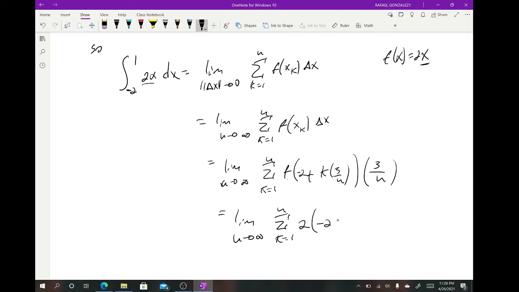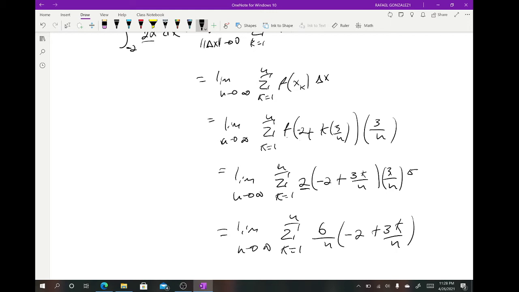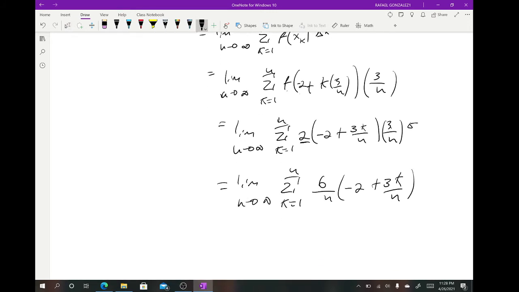The input is -2 plus 3k over n, times 3 over n. But now, what can I do? Well, first of all, I'm going to multiply this 2 times this 3 over n, and that's going to give me the sum from k equals 1 to n of 6 over n times -2 plus 3k over n.